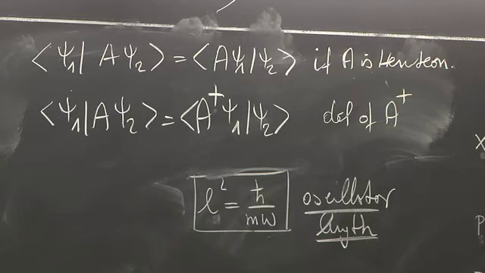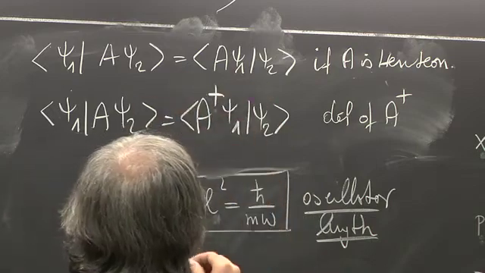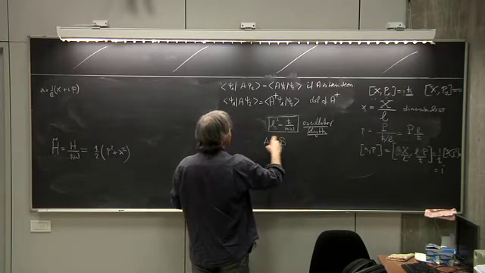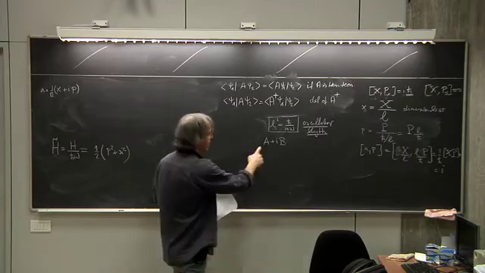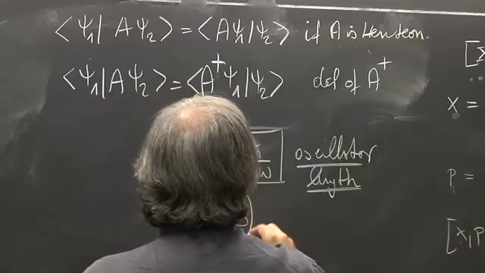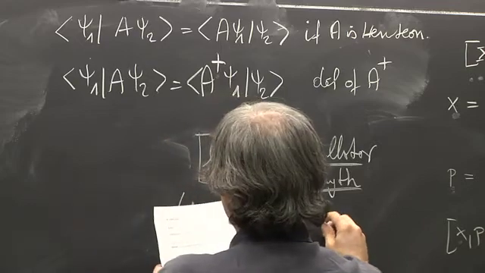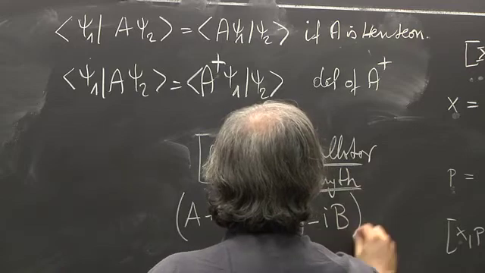Now, you can prove in a very simple way, so try to prove it, it is an exercise for you. If you have two operators, both Hermitian, and you have A plus iB, then this operator is not Hermitian even if A and B are, but the Hermitian conjugate is just A minus iB, okay?